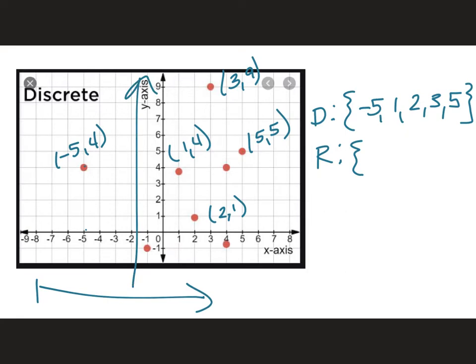So I have 1, 4 twice, 5, and 9. So when I go to write this, my range is going to be 1, 4, 5, and 9. Remember, we don't have to repeat the 4. Even though it appears twice, we only have to list it once when we write our domain and range. So this one is discrete. Remember, it's a bunch of random points.